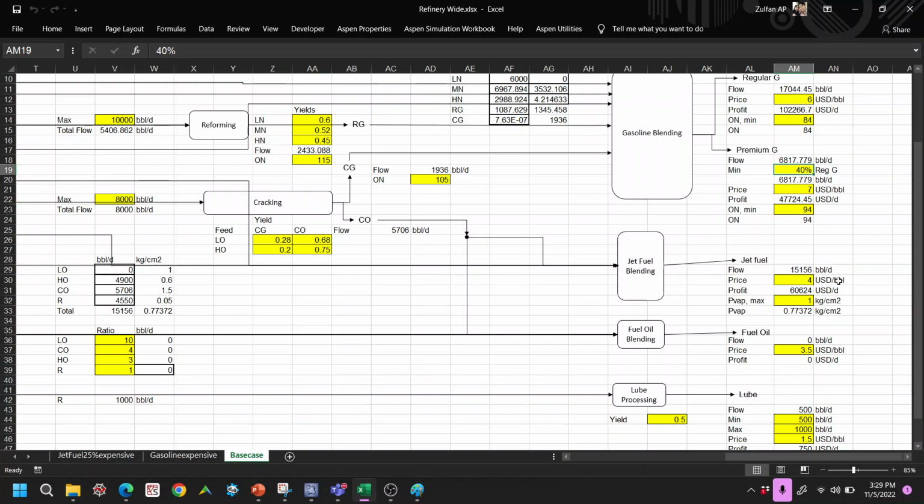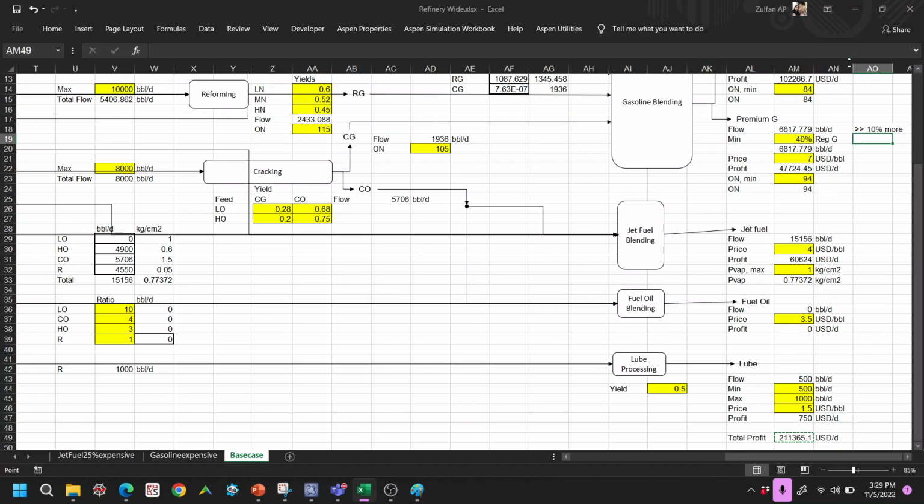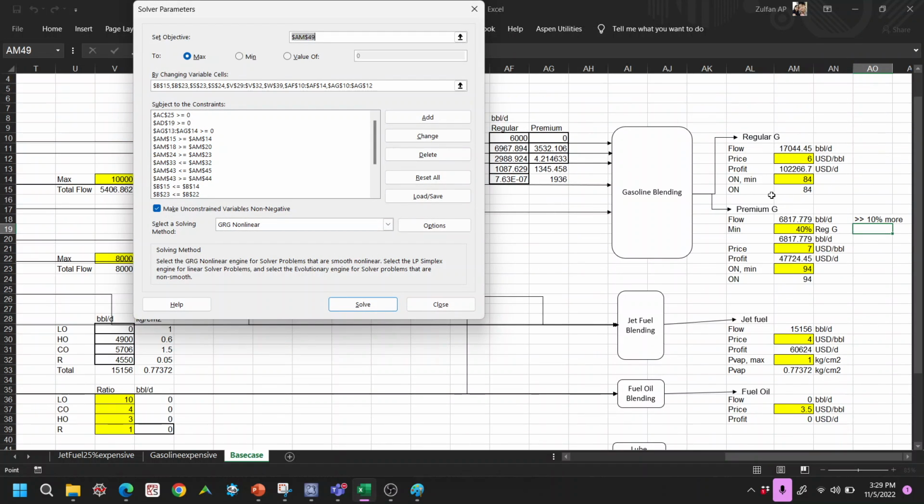So 10% of this 40%, 10% of this means about, I don't know how much this is, 600 somewhere, 700. So this has to be a minimum of 10% more. Now you have that in the equations.